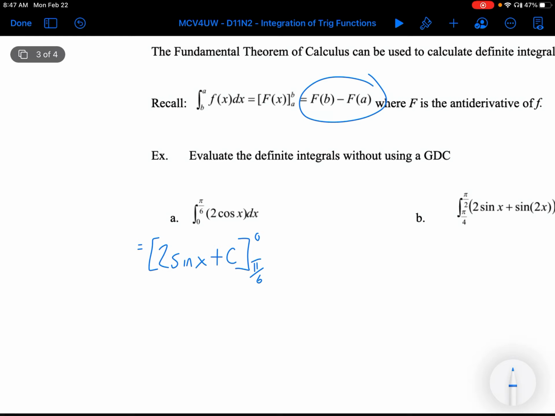Okay, so then when we're simplifying this, we're going to have 2 sine pi by 6 plus c minus 2 sine 0 plus c.